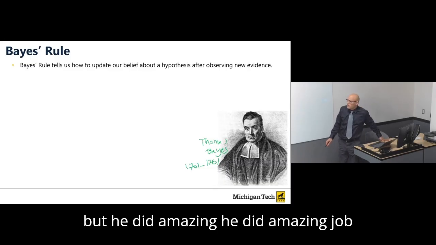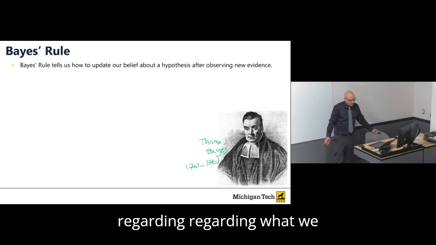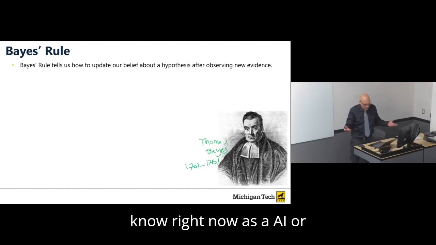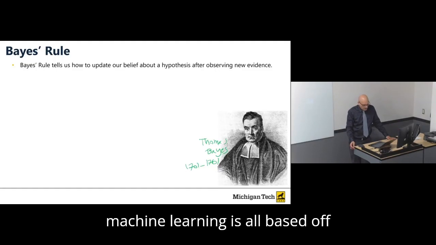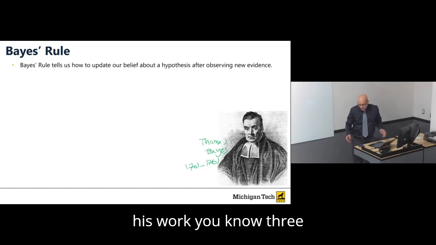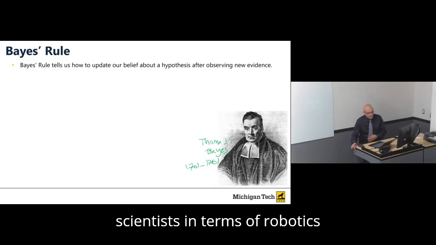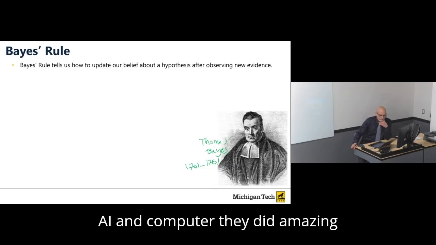But he did an amazing job. What we know right now as AI or machine learning is all based off his work. You know, three scientists in terms of robotics, AI, and computing did an amazing job.